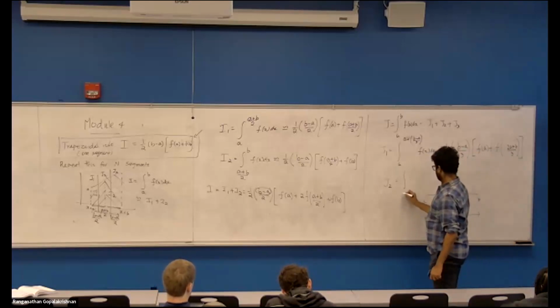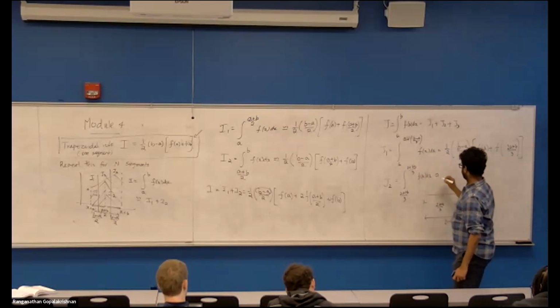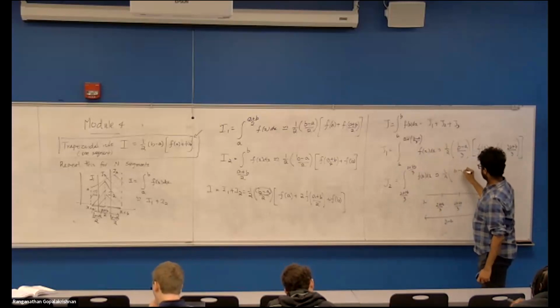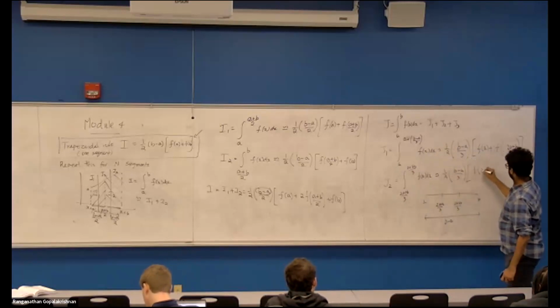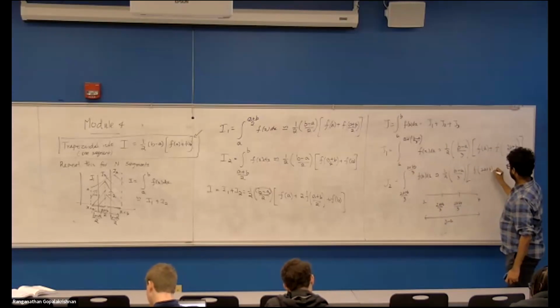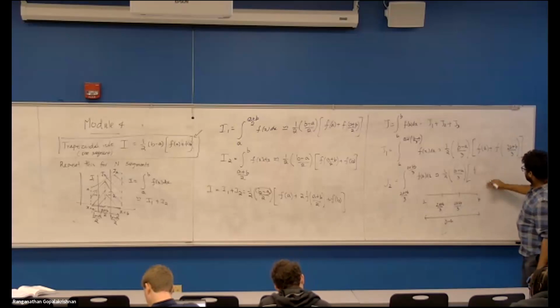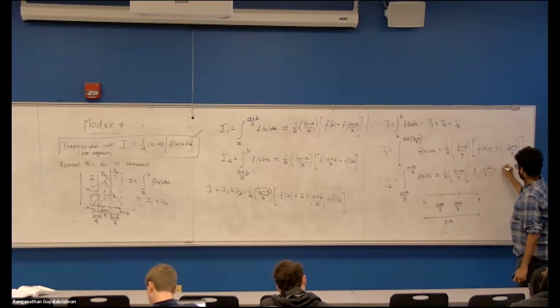J2 is the integral from (2a plus b) over 3 to (a plus 2b) over 3 of f of x dx, which according to the trapezoidal rule is half of (b minus a) over 3. I have f of (2a plus b) over 3 plus f of (a plus 2b) over 3.